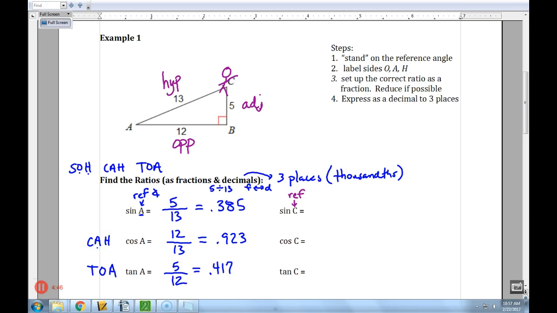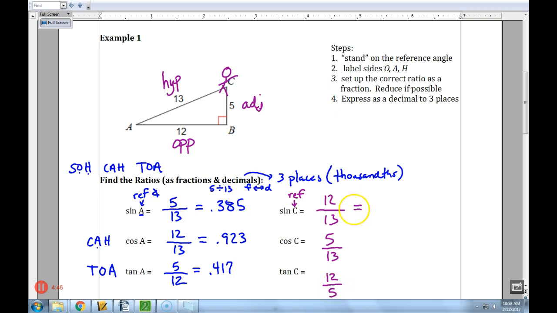Now we go through these again, a little quicker. Sine is opposite, which is 12, over hypotenuse. The cosine is adjacent over hypotenuse. And the tangent is opposite over adjacent.